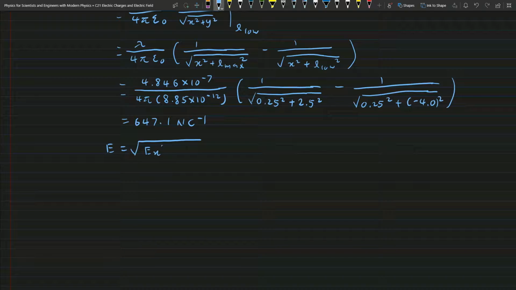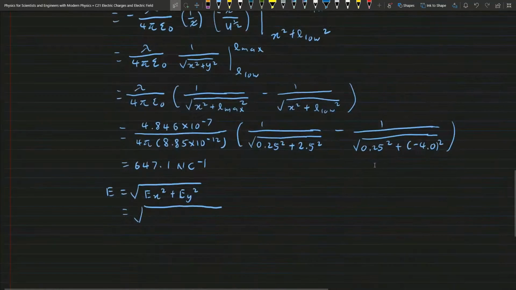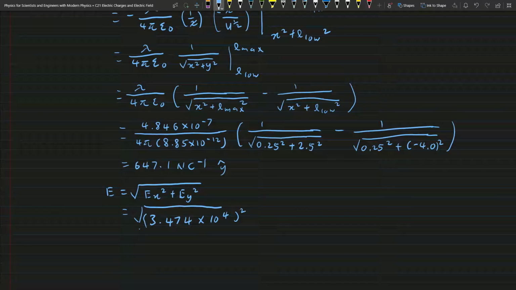This is the square root of Ex squared plus Ey squared, and this Ex, we have this value, this squared plus 6 squared.